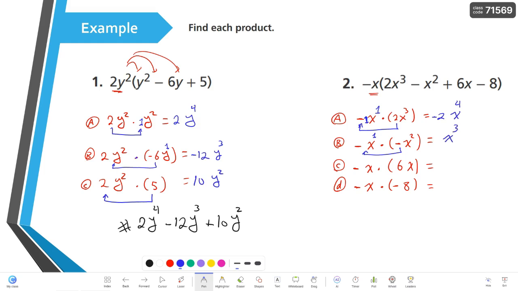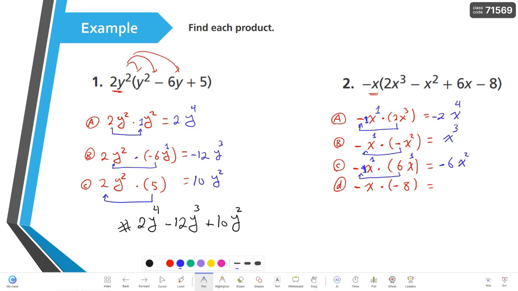In the third step, we have negative x times 6x, so we need to multiply the coefficients together. Since we have negative 1 as a hidden coefficient, negative 1 times 6 would be negative 6, and then x times x would be x squared, since each one has an exponent of 1. So this would be our product.